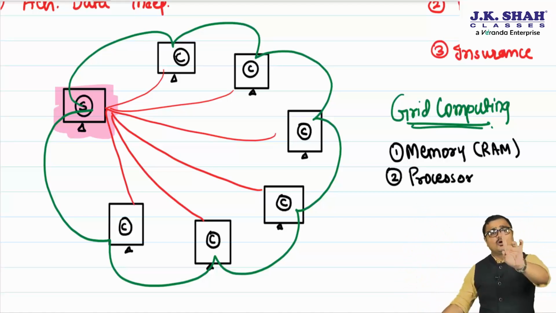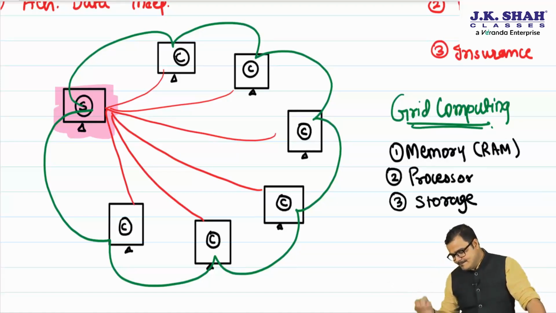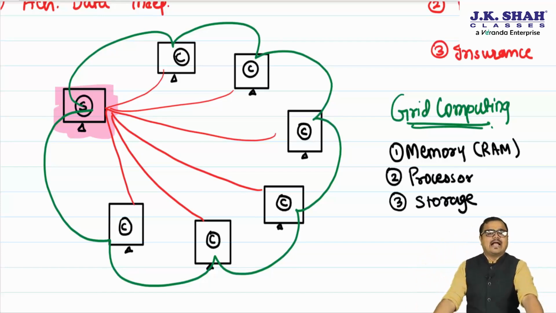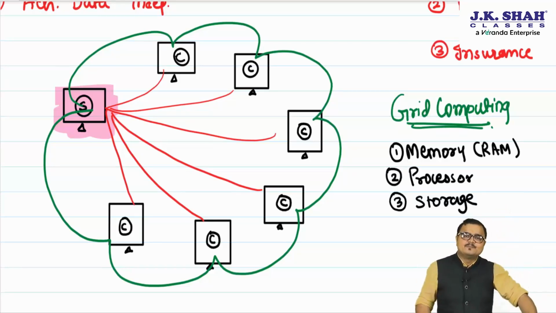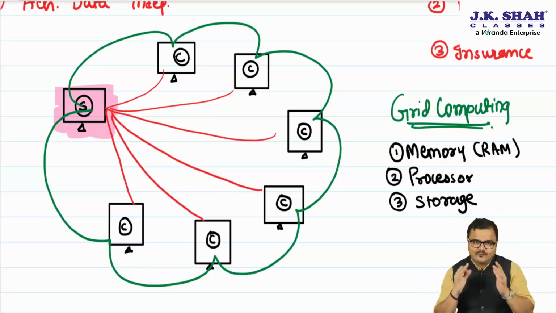Yes, sir. And don't forget the third very important concept: we get storage in each and every computer, maybe temporary, maybe permanent, but accumulatively it leads to what? Sir, huge storage capacity. So what are the returns that we enjoy in grid computing? First of all, you have to define what is grid computing.